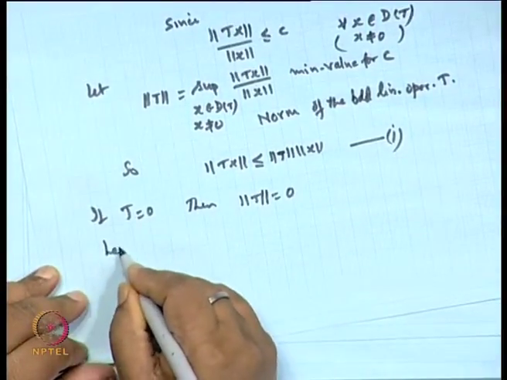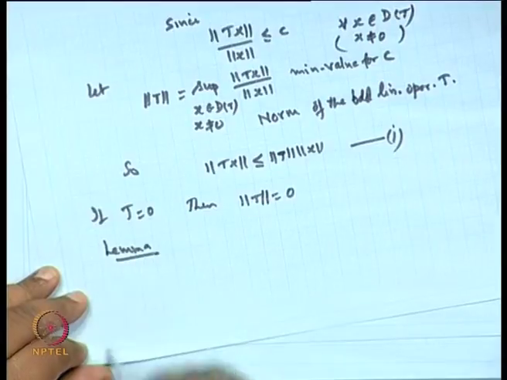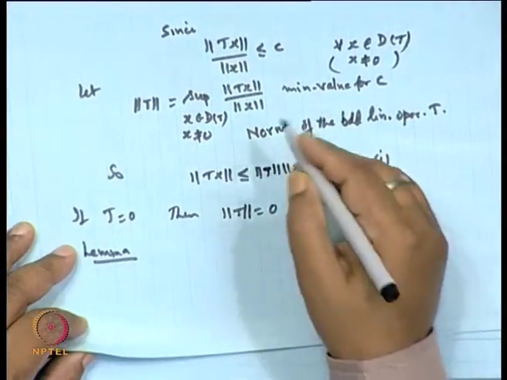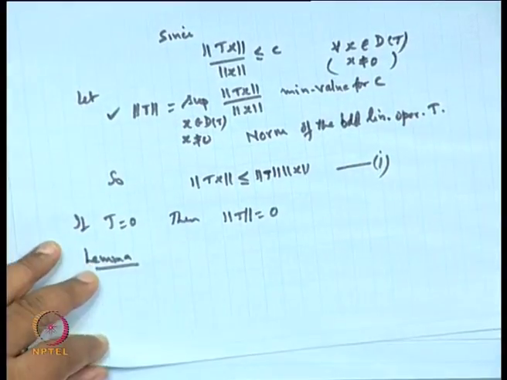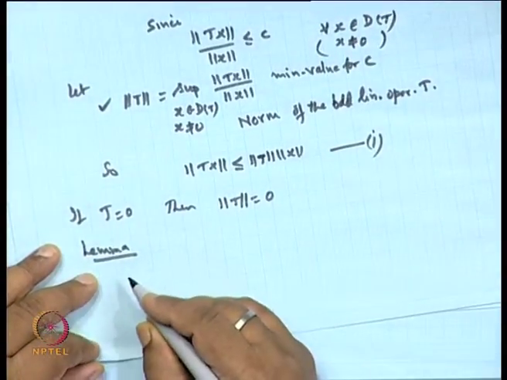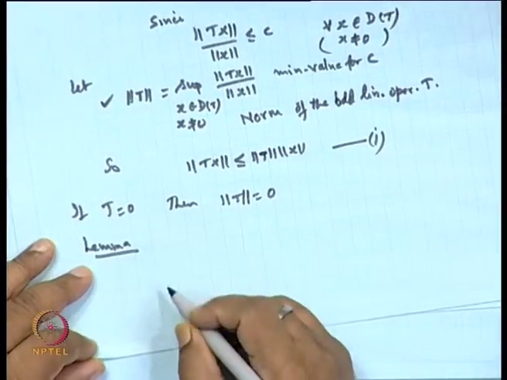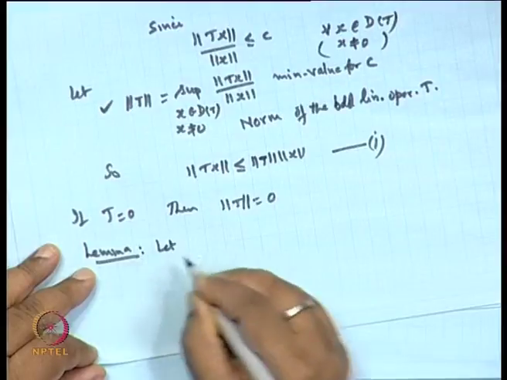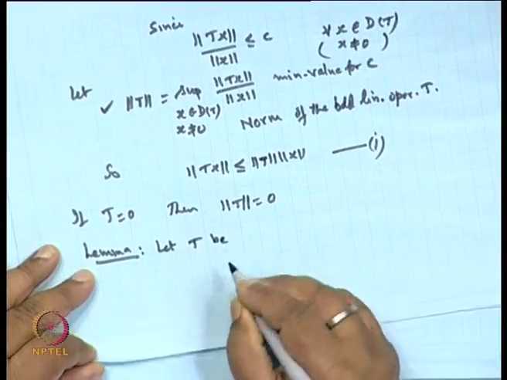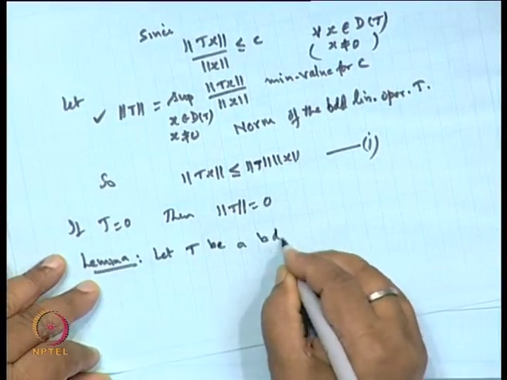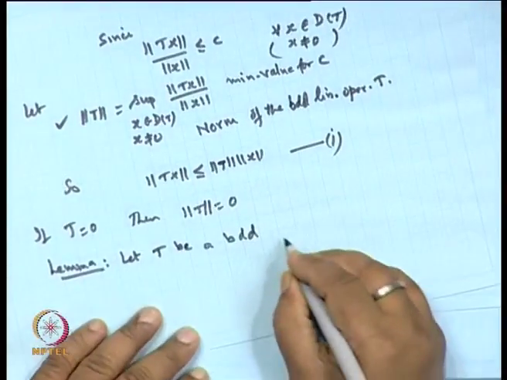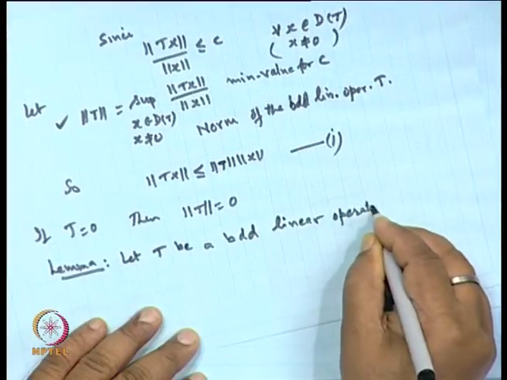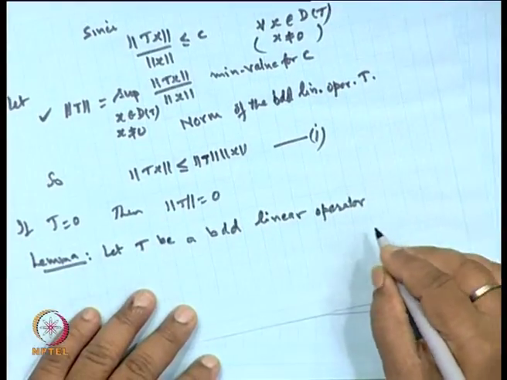Then we have a lemma which will give another definition of the norm of T. There is an alternate way of defining the norm. Let T be a bounded linear operator as defined.